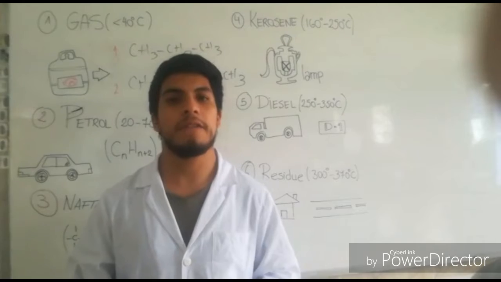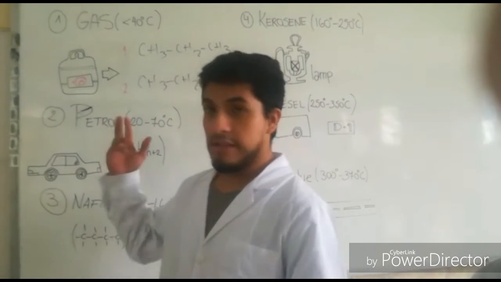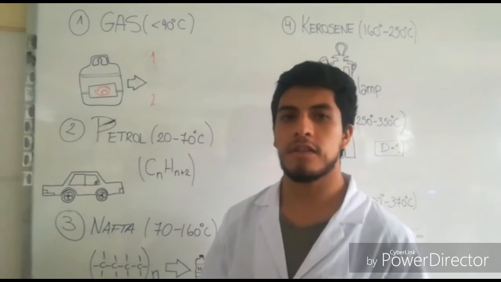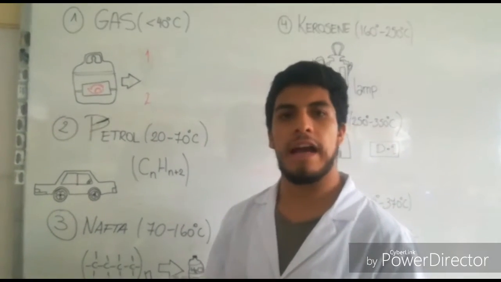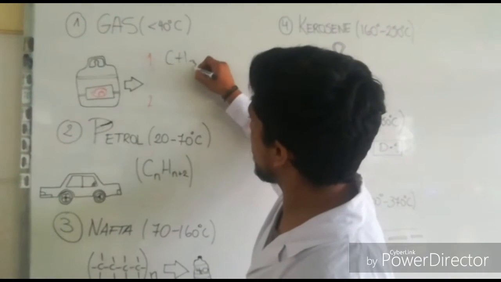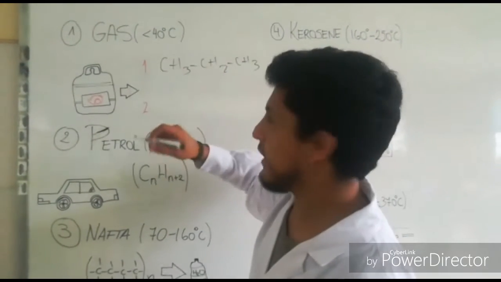You will have seen bottles of propane or butane. For example, the commercial gas that you use in your house contains a mix of gases, for example propane and butane.